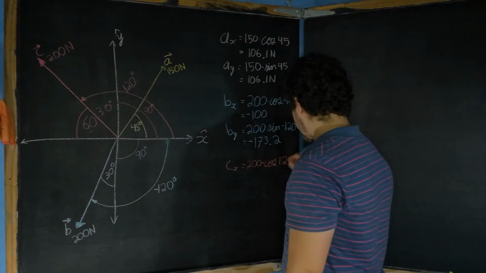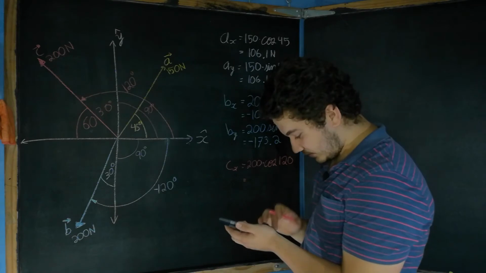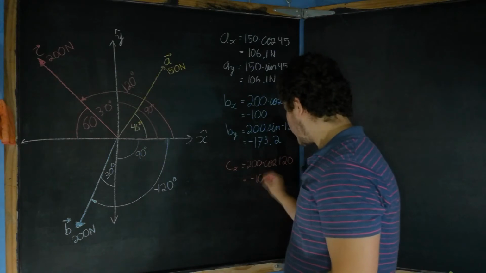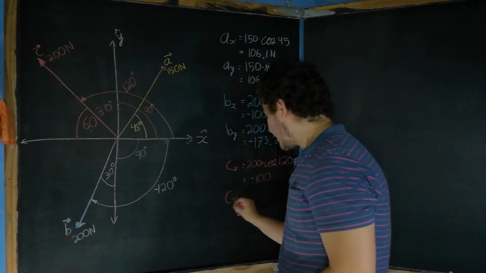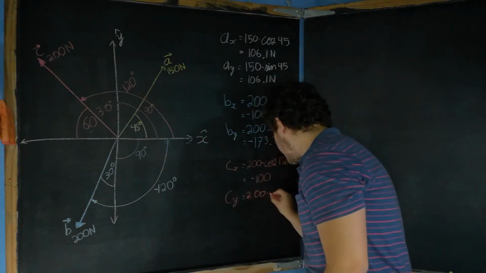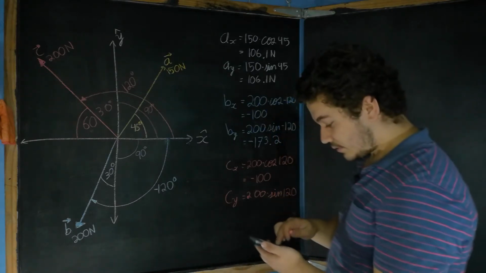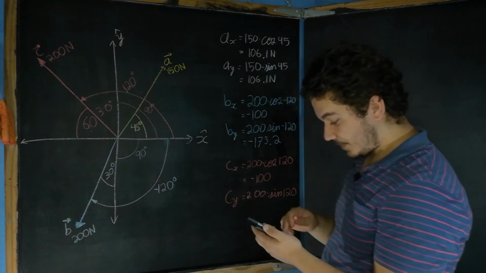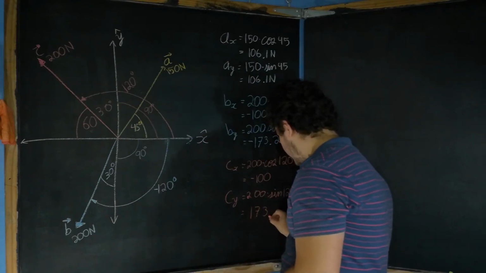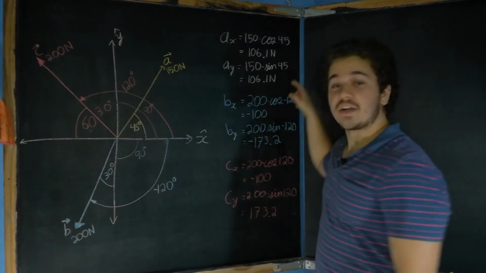Cosine of 120, and this will be equal to minus 100, and the y component of the vector c will be equal to 200 times sine of 120. Okay, so we substitute it, and we have that it's equal to 173.2 in y.